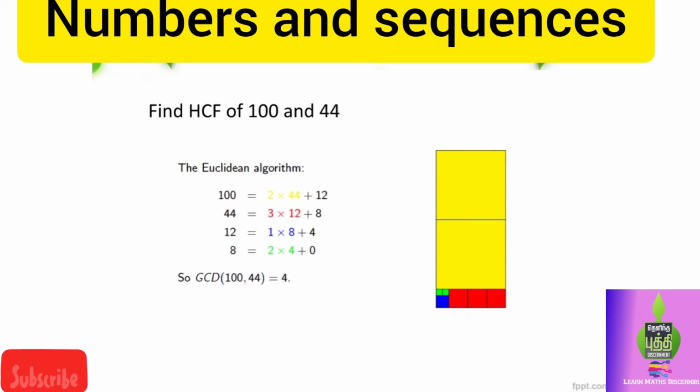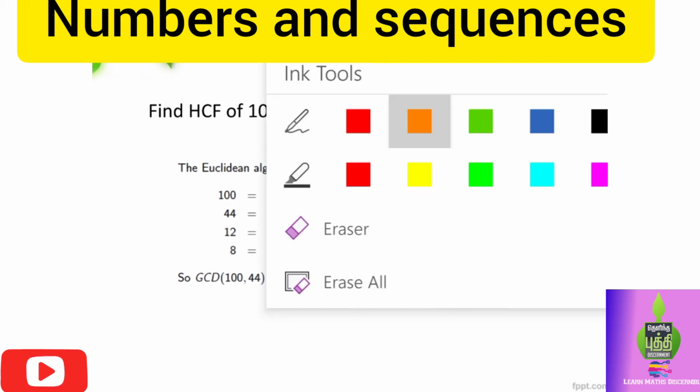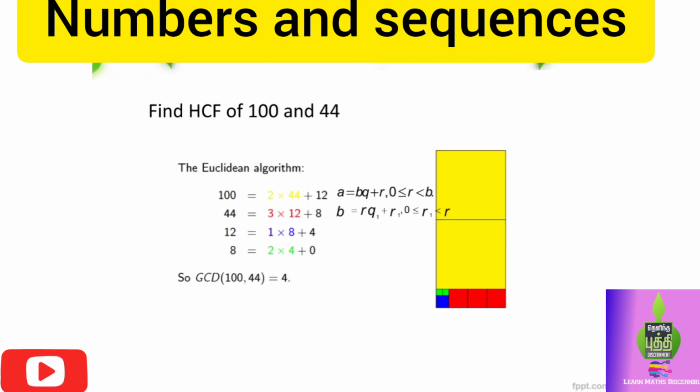We have to find the highest common factor of 100 and 44. Now we should divide this. We take a = 100 and b = 44. So a = bq + r will be changed into b = rq1 + r1. How? Let me explain with this method.